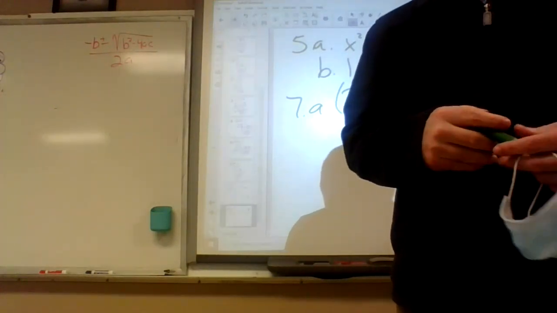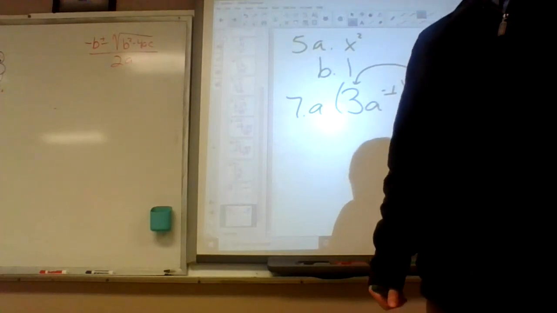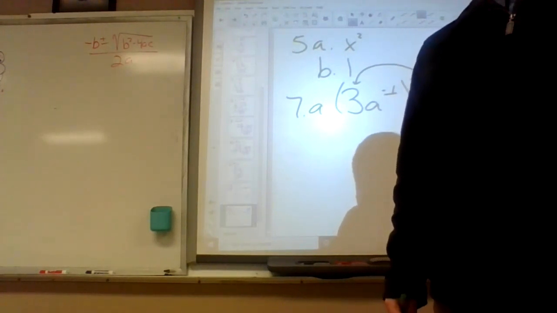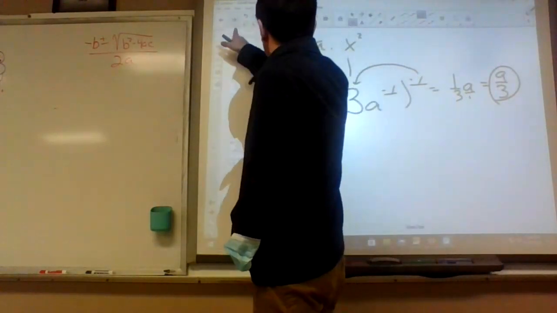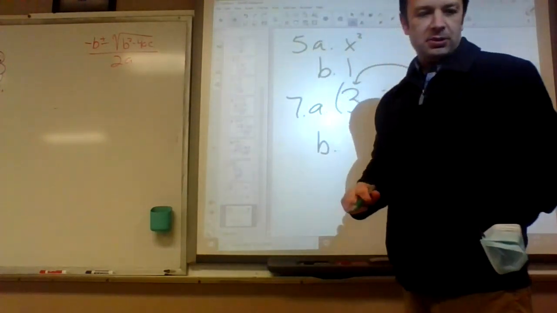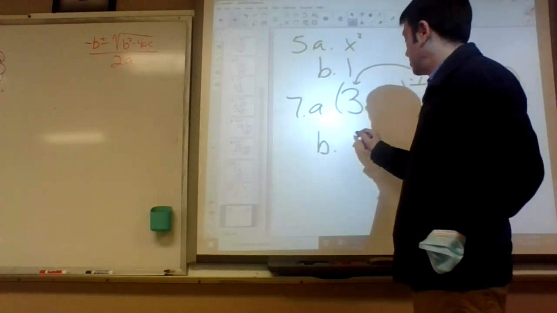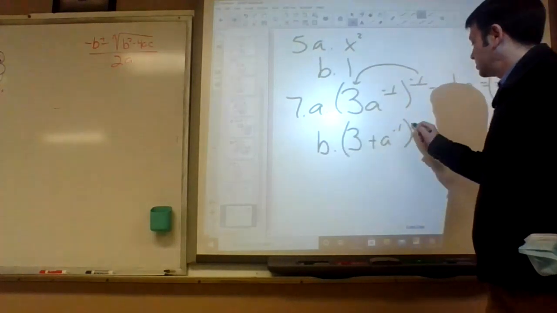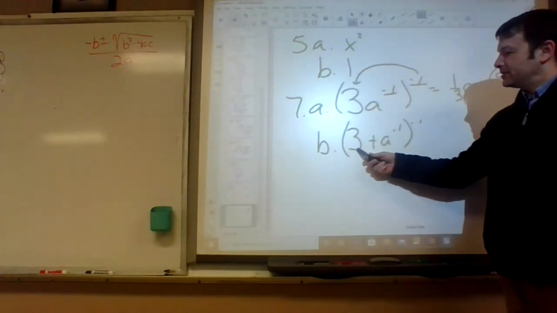Oh, B is kind of a mess. Since there's 2 different terms, you can't just distribute it out, unfortunately. So it's 3 plus a to the negative 1, all to the negative 1.